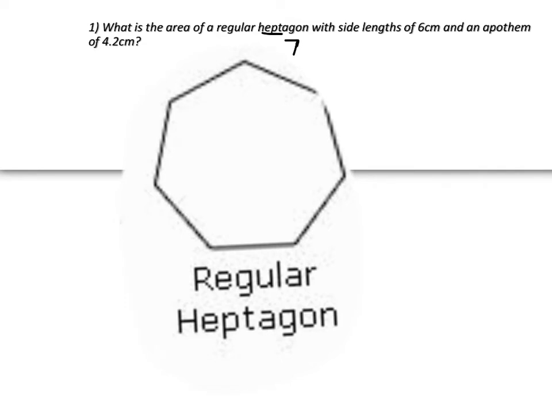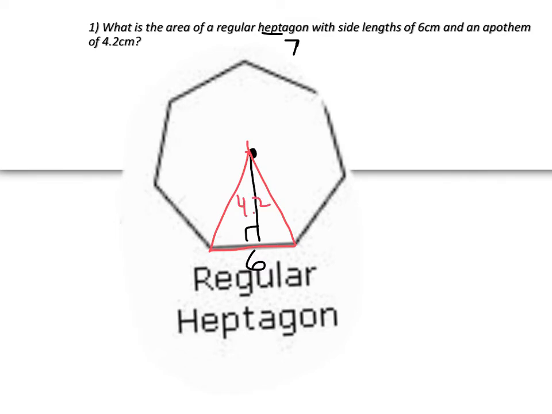So the side length is 6, so I can mark that. And the apothem is the length from the center of the polygon directly down, perpendicular to the side. So we're able to draw in a triangle here. That apothem is a length of 4.2.